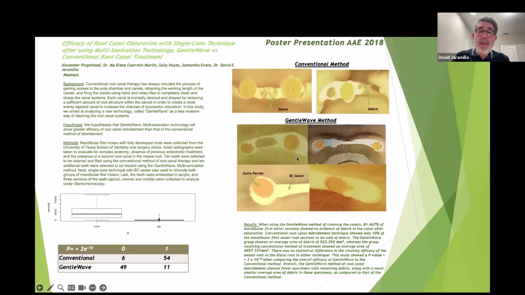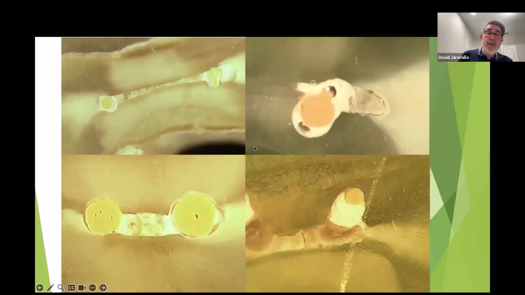And these are the results. With conventional instrumentation and ultrasonic irrigation, we found a lot of debris in those difficult to reach areas, in those isthmuses, and some voids that probably were created because of the presence of this debris, versus the samples done with GentleWave, where we didn't find any debris, and the sealer was able to flow with no problem. Here we have more samples.